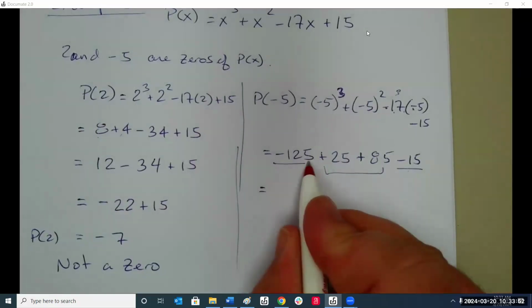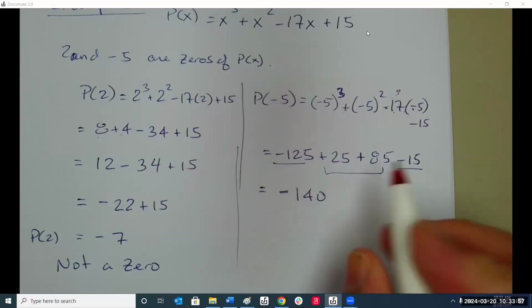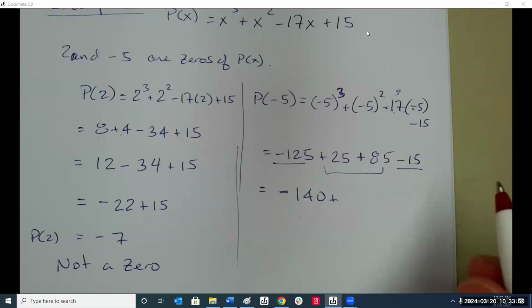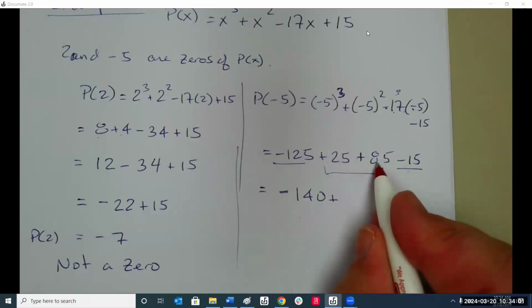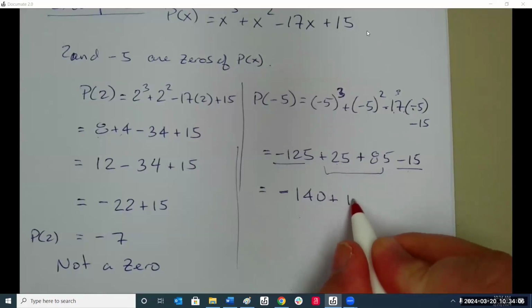So negative 125, negative 15 is negative 140. Twenty plus 80 is 100. It's 110.